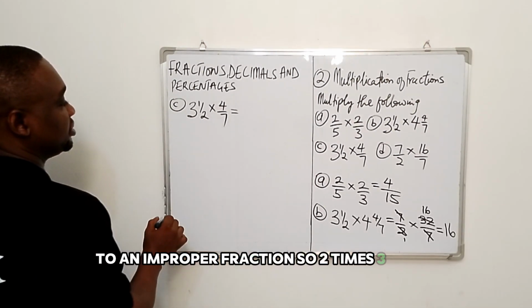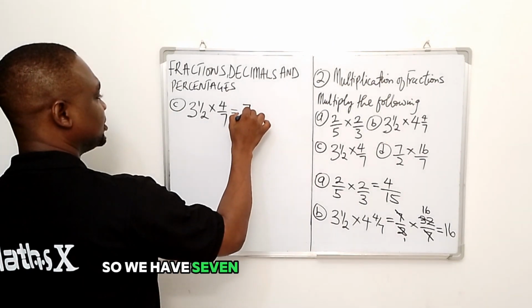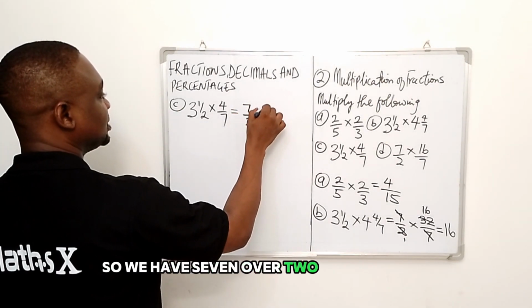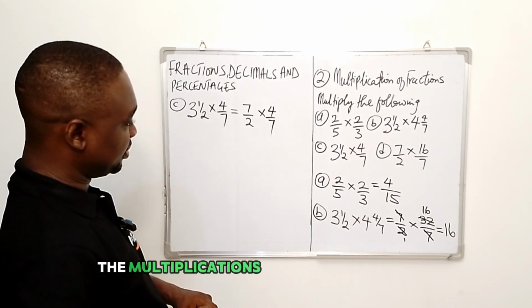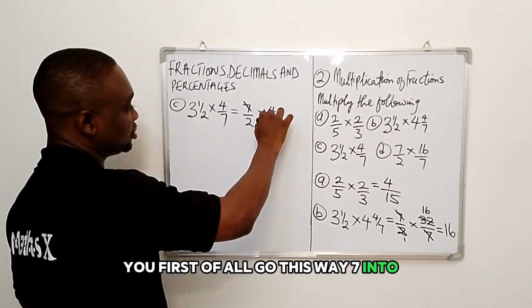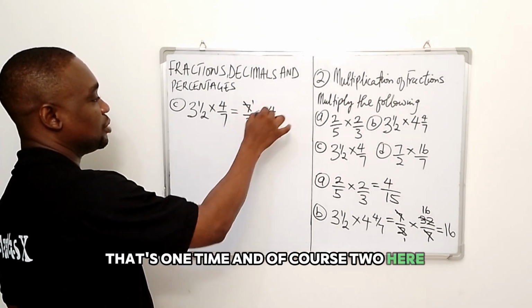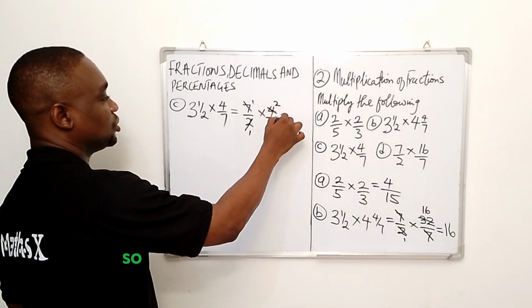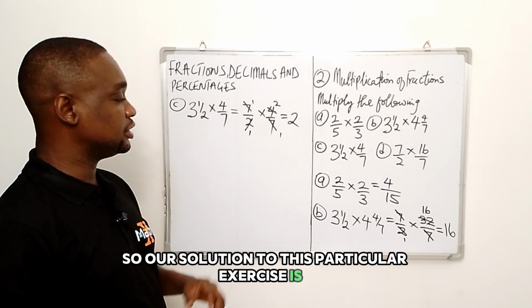So 2 times 3 is 6, plus 1 is 7. So we have 7 over 2 times 4 over 7. Like I told you, the multiplications are done diagonally. You first of all go this way, 7 into 7, that's one time, and of course, 2 here, 1, 2 here, 2. So our solution to this particular exercise is 2.